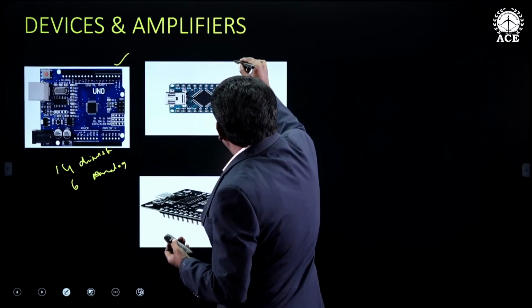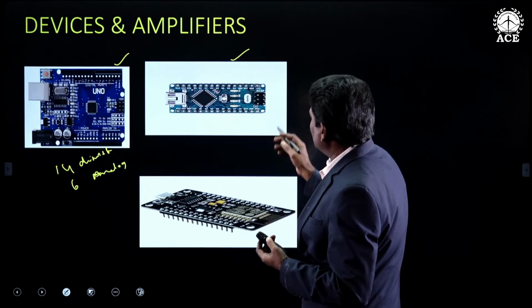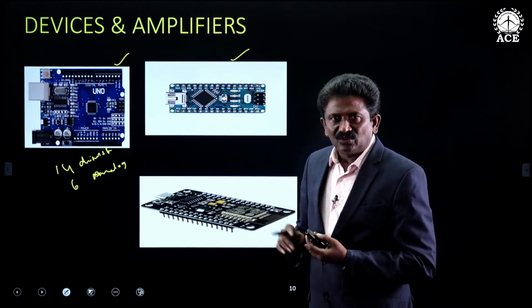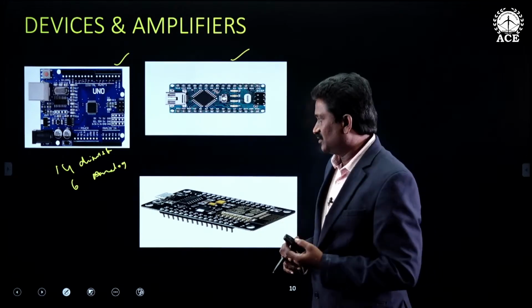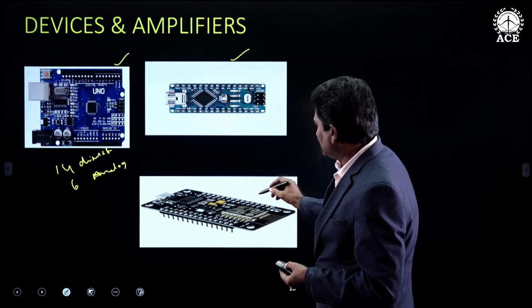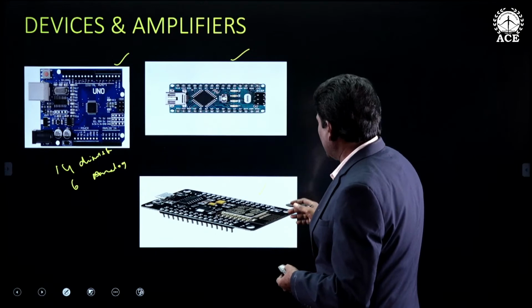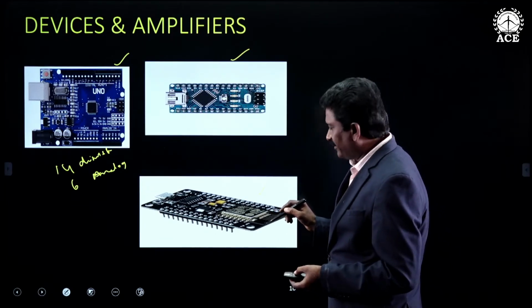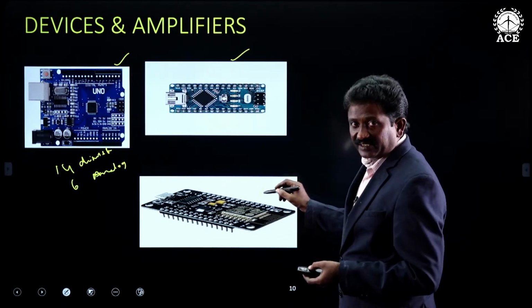So next one, this is the nano type Arduino. So using the nano type Arduino, we are able to run some communication protocols also. So next this one, some advanced type of Arduino. Nowadays it is available in the form of ESP32, ESP8266, like that also.